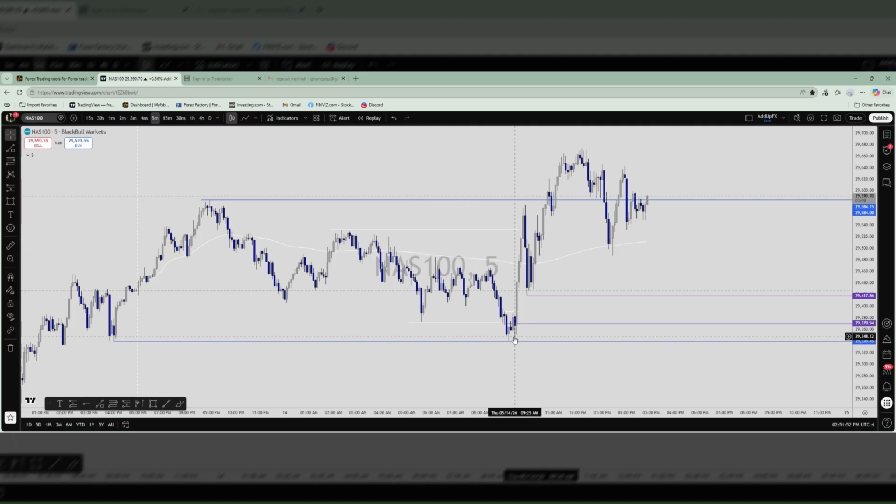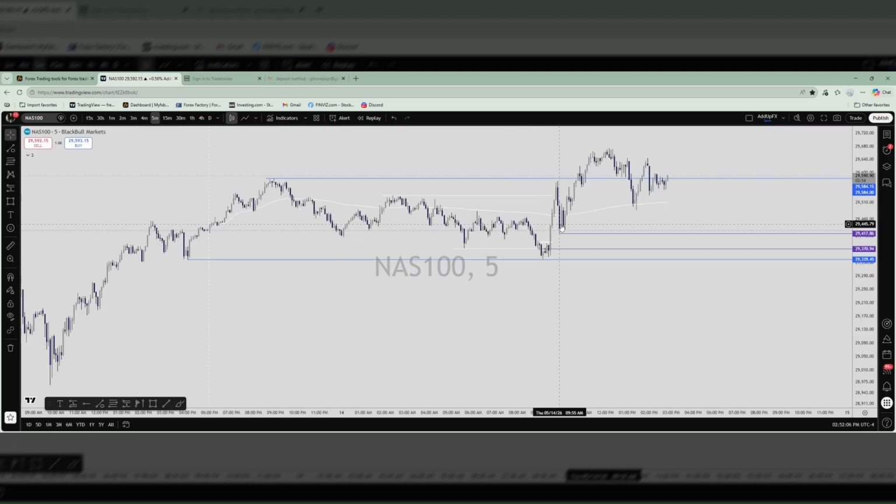So 9:30, it shoots up. It takes out London, and then this is Asia, but it keeps Asia intact. So when it starts pulling back, it's not a full sign that it's going to come all the way down here, because you still got Asia and the overall all-time high intact.